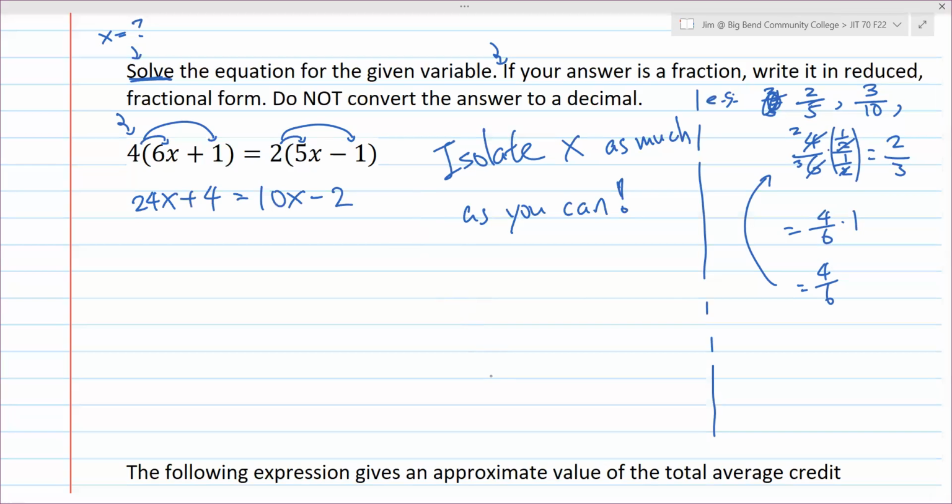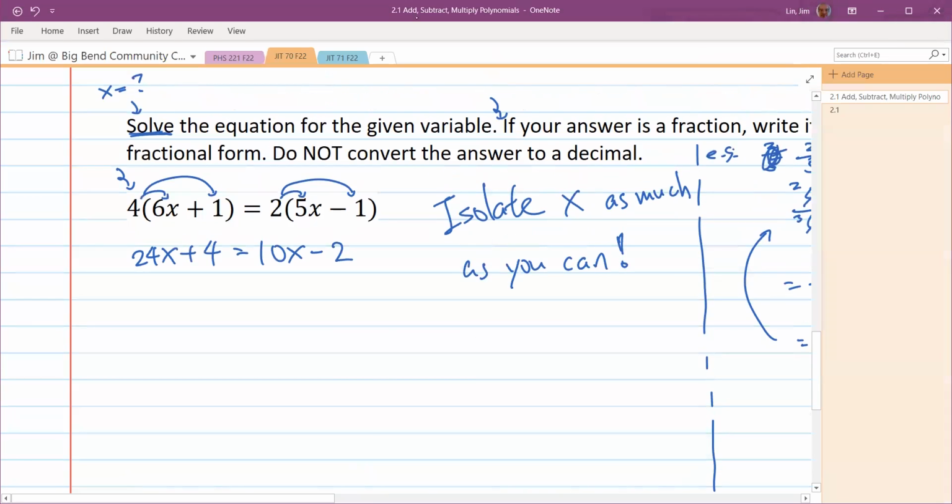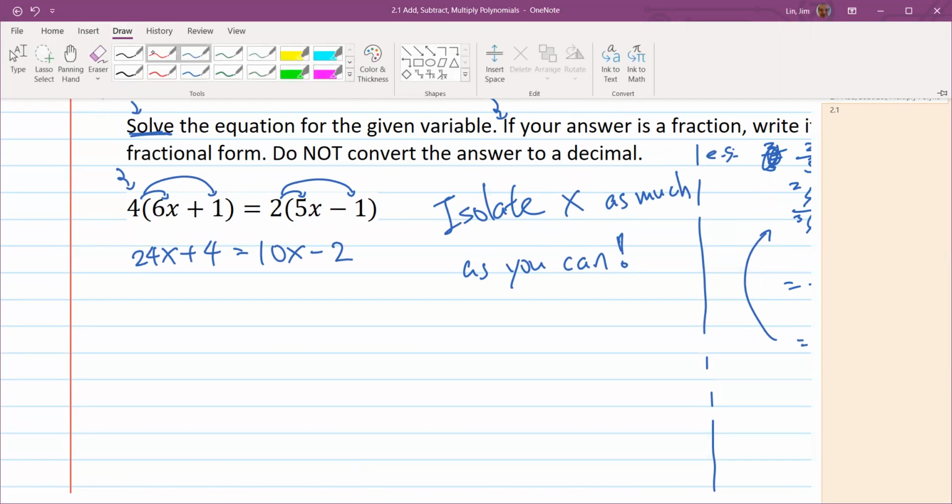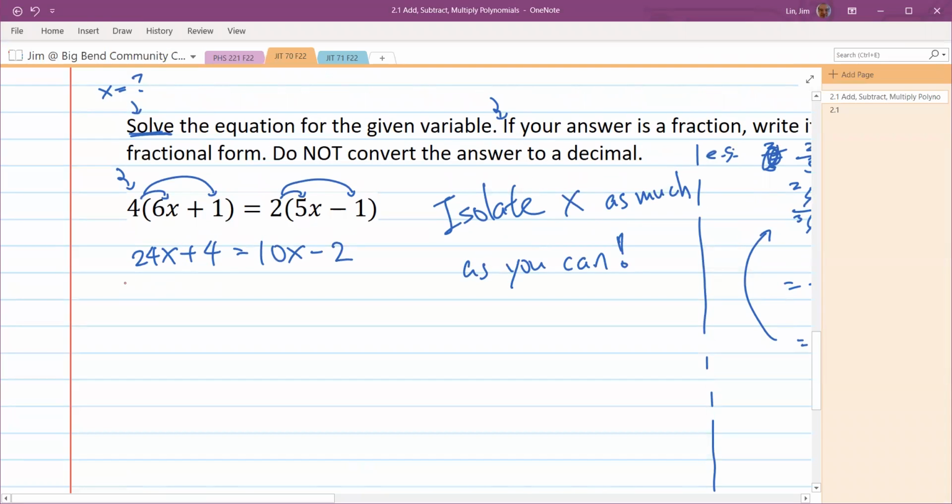All right, now we have to think about how to isolate x. So it means we have two sides of the equation, and we have to make sure one side has the x terms disappeared, right? And then the simplest way is to subtract 10x on both sides of the equation.